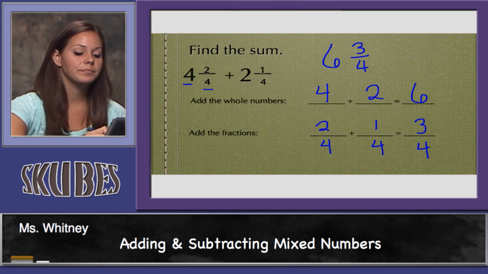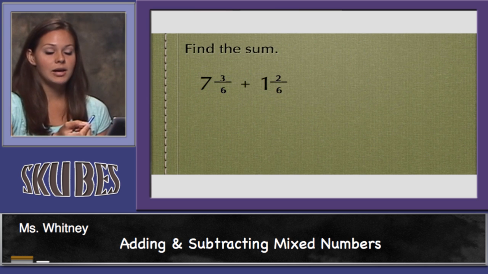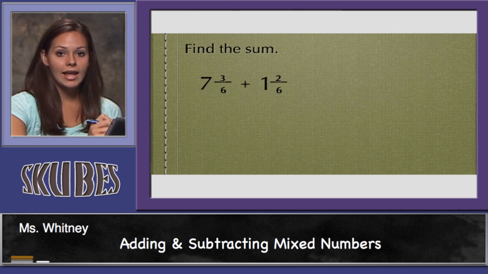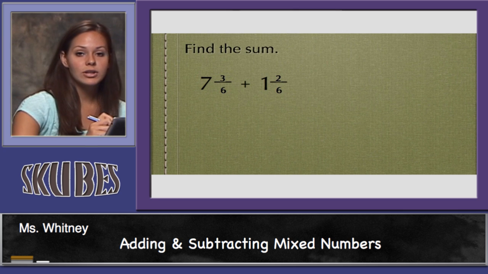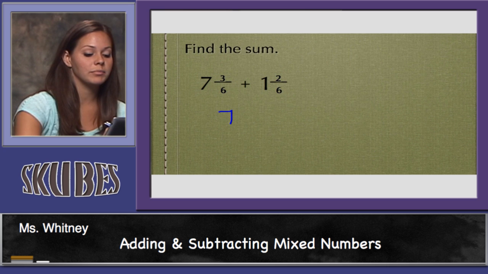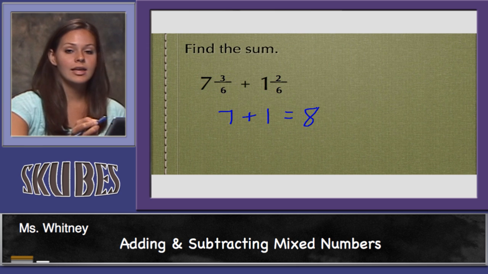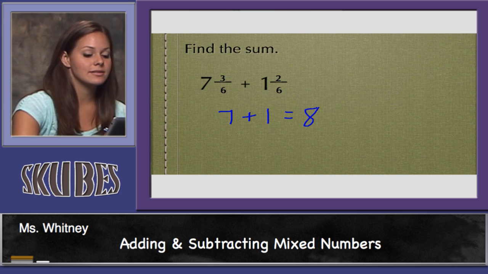Let's do another example. We're going to find the sum of 7 3/6 plus 1 2/6. First, I'm going to add my whole numbers. 7 plus 1 is equal to 8. Now I'm going to add my fractions.